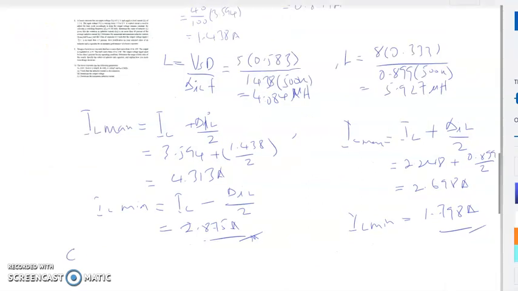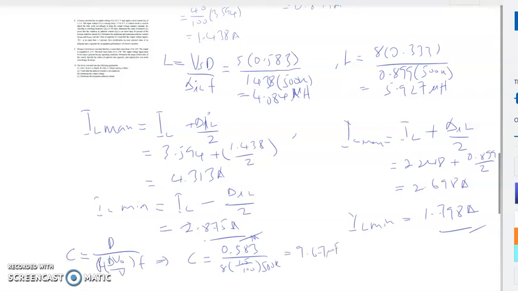Next is our capacitor. C is equal to D over R times the output voltage ripple times F. For 5 volt input, our C is 0.583 divided by 8 ohm times 1.5% ripple times 500 kilohertz switching frequency.